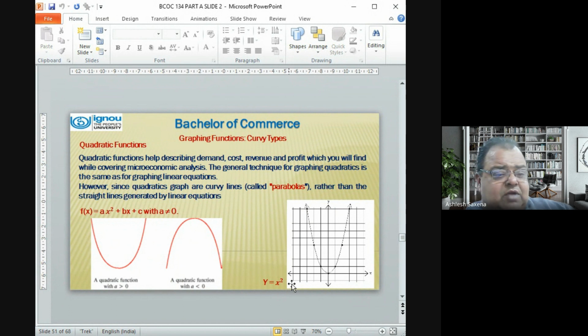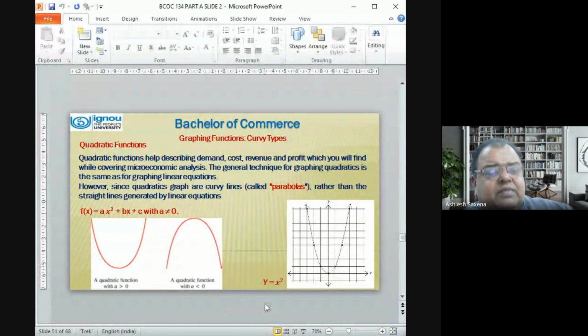Whatever the value of x, you will get the value of y. Suppose I replace x with 1, I will get y equal to 1. So this is the point (1, 1).